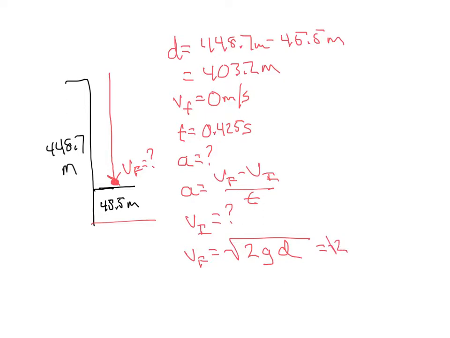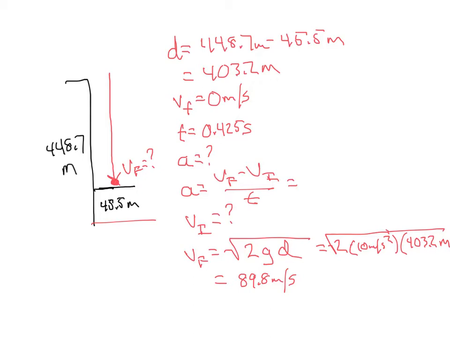So we're going to have the square root of 2 times 10 meters per second squared times our distance, which is only 403.2 meters. If we work that out, we find out that the velocity at impact is 89.8 meters per second. So that's our final velocity of falling.